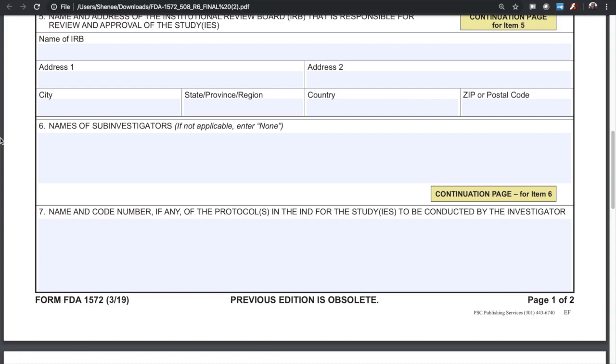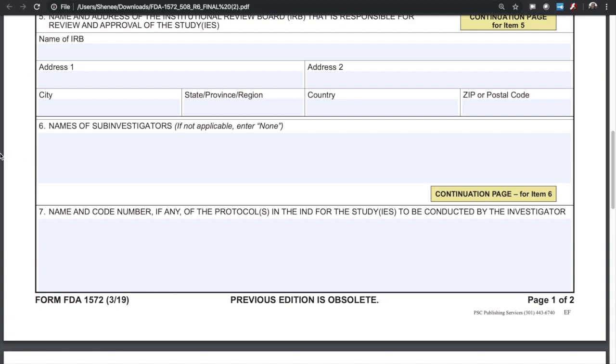They don't lead the study like the principal investigator does. The principal investigator is ultimately responsible for the conduct of the trial, but they do have the right to delegate certain responsibilities to certain study team members. The FDA and all the sponsors and CROs are aware of the fact that principal investigators sometimes need backup, so because of that, they have to list them here.